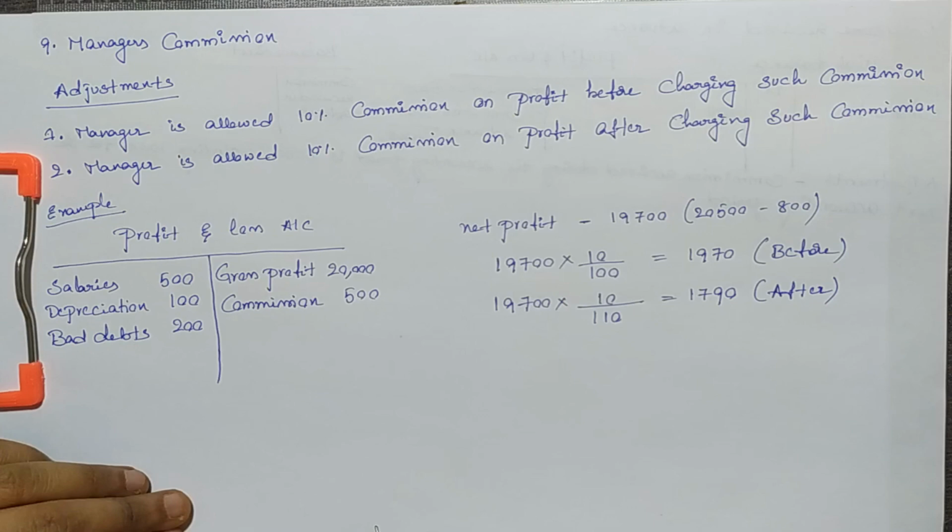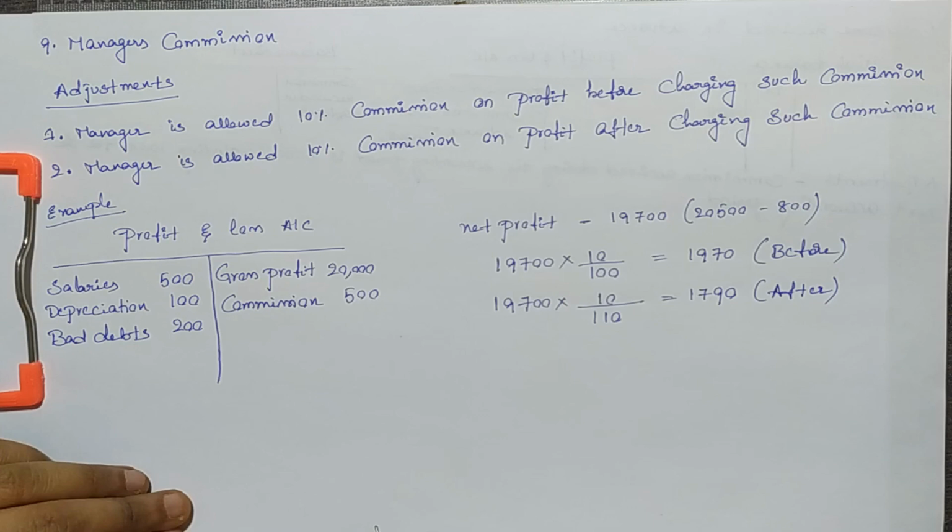If they say after charging such commission, then we have to add the given percentage to 100. For example, if the question states manager is allowed 8% commission on net profit after charging such commission, then 19,700 into 8 by 8 plus 100.